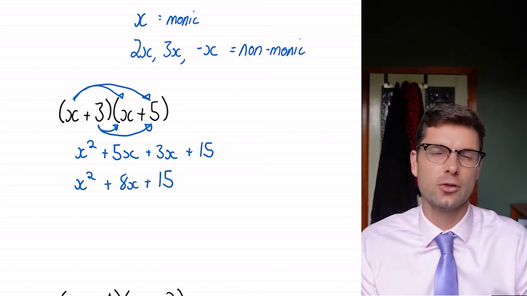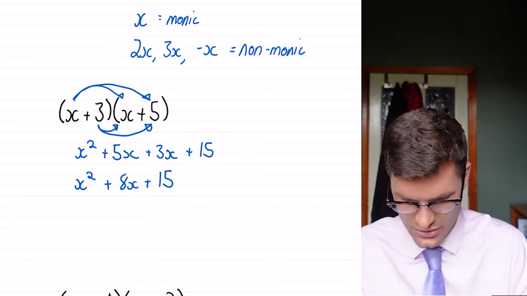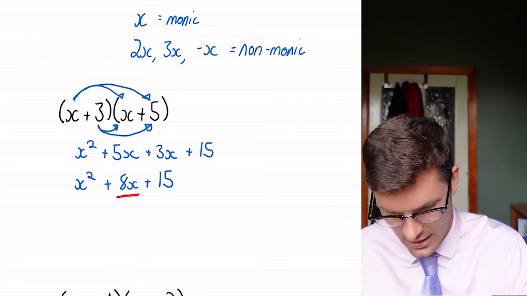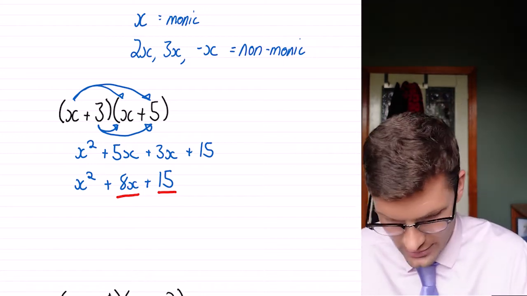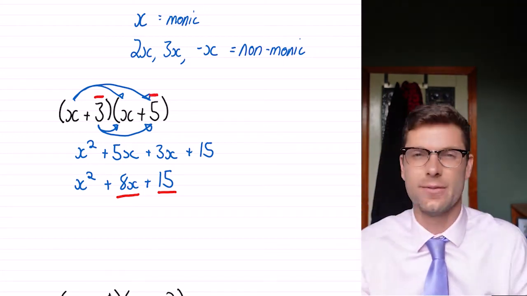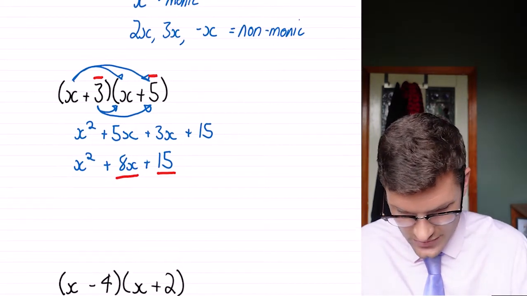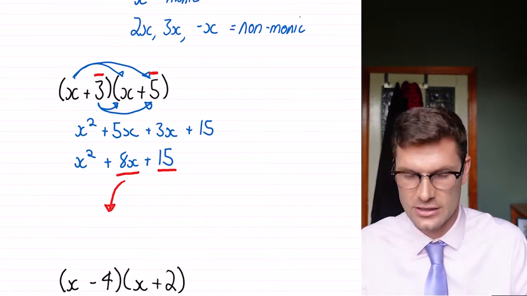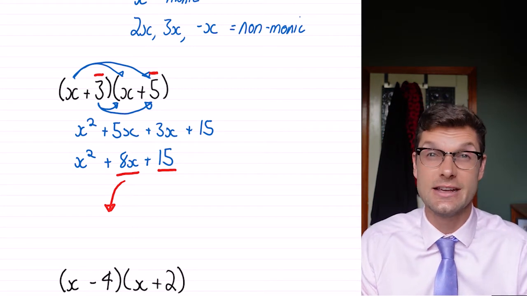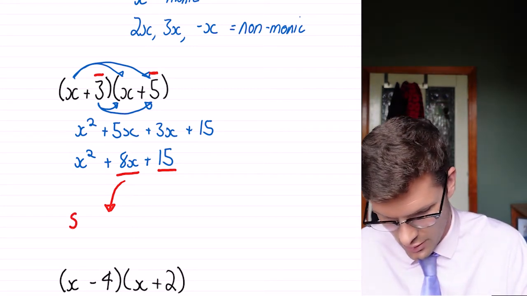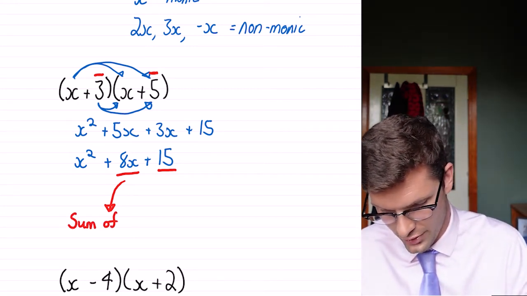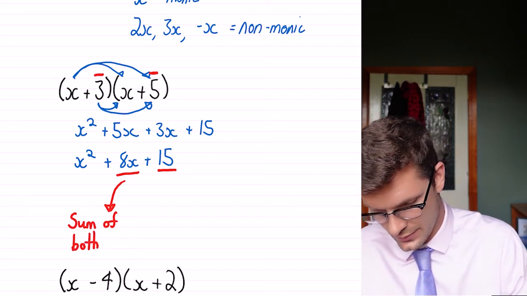So the pattern we've got to look for is how are these numbers related? So how is this 8X, 15 related to the 3 and the 5 from the question? And you might be able to see it straight away. So this middle term is always just the addition or the sum of both numbers.